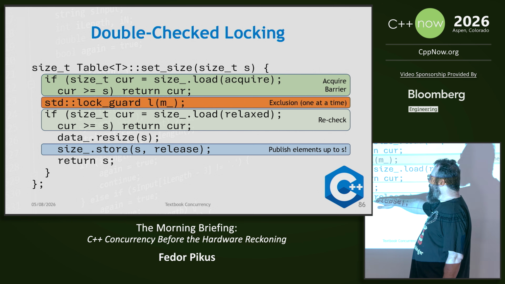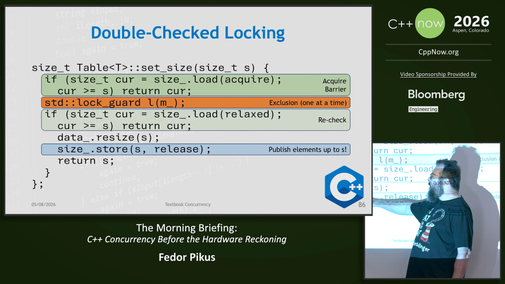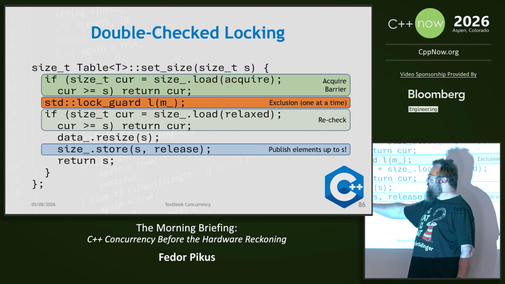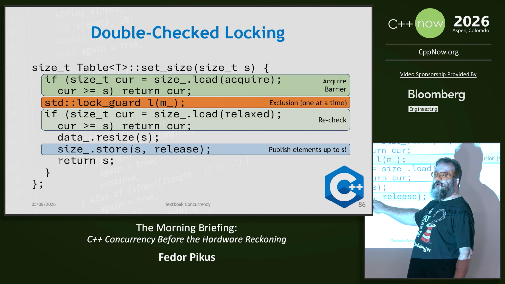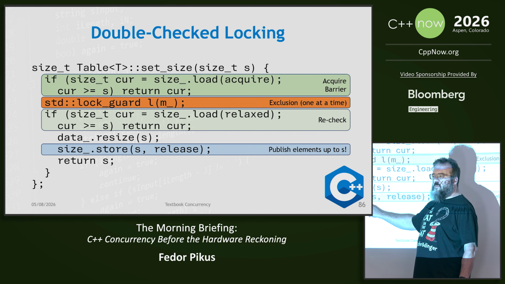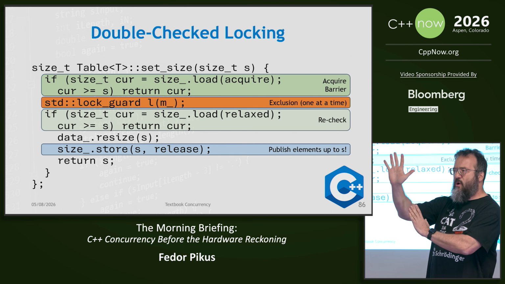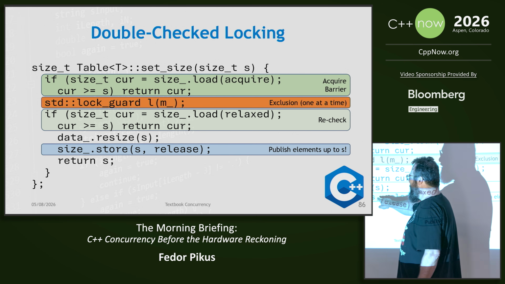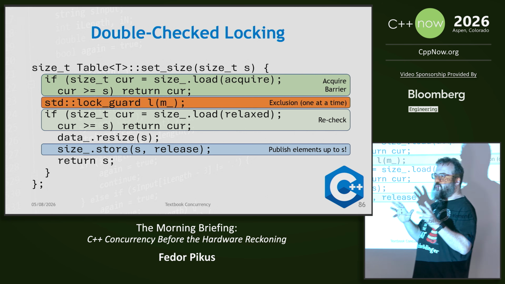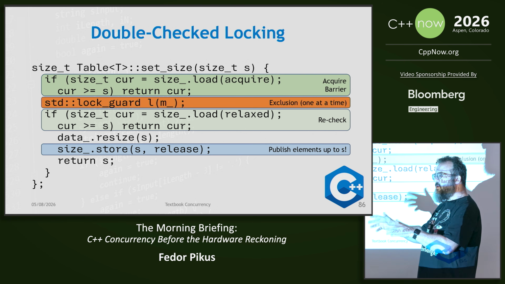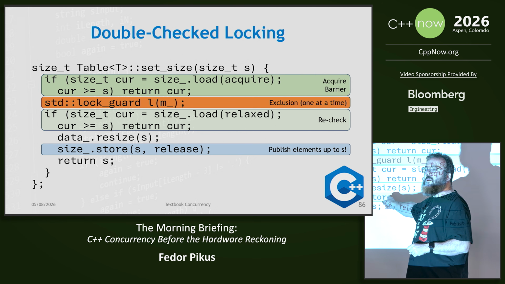If you don't have this release, the hardware will very much reorder this store. So the incorrectness there is that when I do that load, I will see the size change, but the objects aren't constructed. Because remember, from the first picture, it was the barriers. Now is when our atomic changed. Atomic is this one. So I come in with my operator square brackets and I see, do I already have 7 in the size? Oh yes, I do.